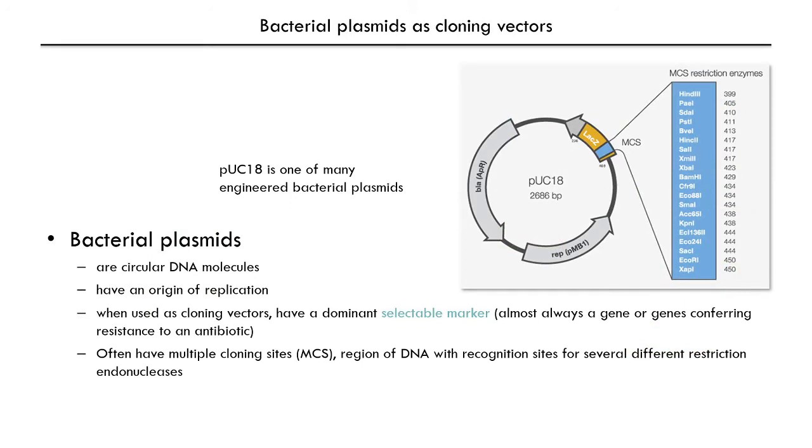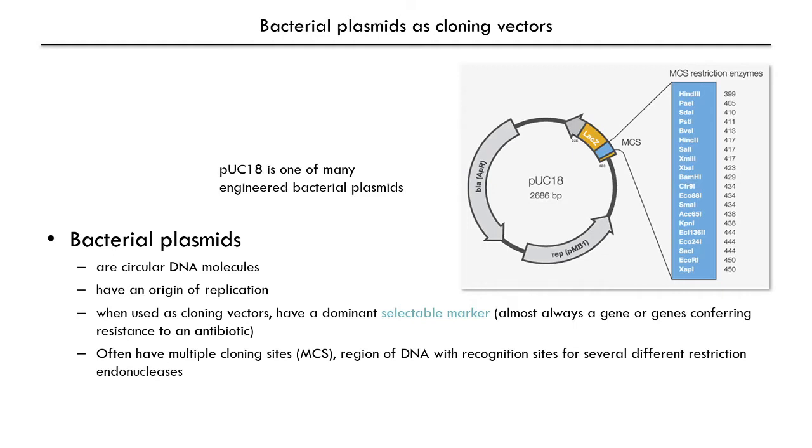We have shown in this slide a plasmid that can be used as a vector. A vector is a carrier of DNA. These are often plasmids. Plasmids are circular DNA molecules. They are small in comparison to bacterial genomic DNA, and they replicate independently of chromosomal or genomic DNA.